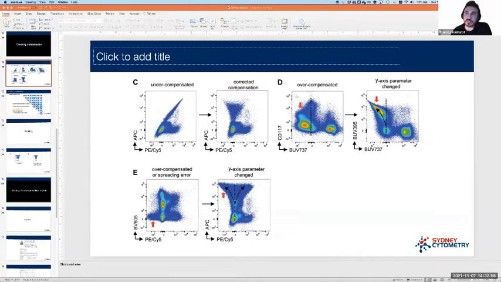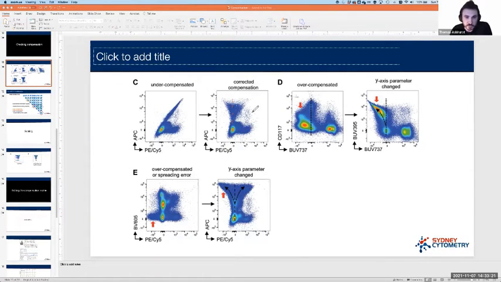Typically, the way this would manifest is not that no compensation has been applied, it's more that there hasn't been enough of a compensation value applied. So we call this undercompensation because it hasn't been sufficiently moved to the left. And this is the corrected version where the median of the positive, my line is a bit rubbish here, but roughly the median of the positive should line up with the median of the negative.